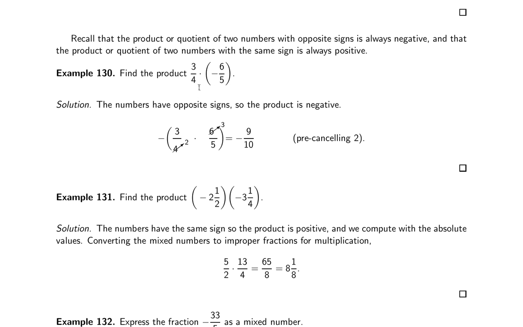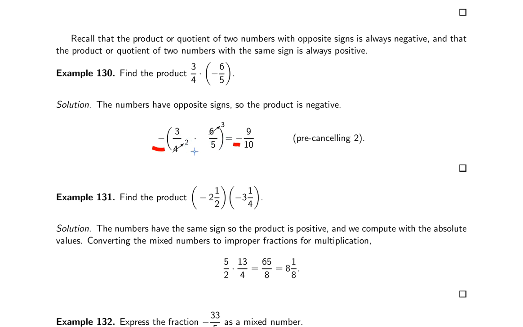All right, so here's a product of two fractions. The second fraction is negative. We're multiplying two fractions with different signs, so we can see right away the answer is negative. Then do the multiplication: 3 over 4 times 6 over 5.